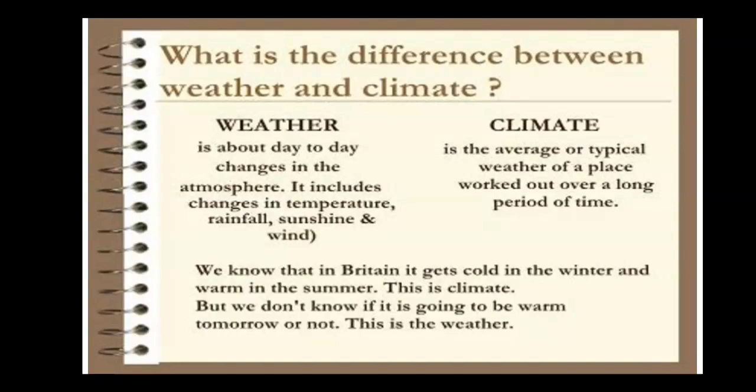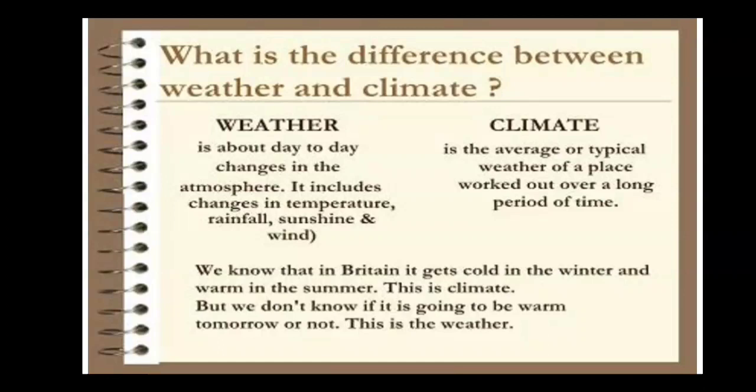What is the difference between weather and climate? Weather is about day-to-day changes in the atmosphere. It includes changes in temperature, rainfall, sunshine and wind. Climate is the average or typical weather of a place worked out over a long period of time.